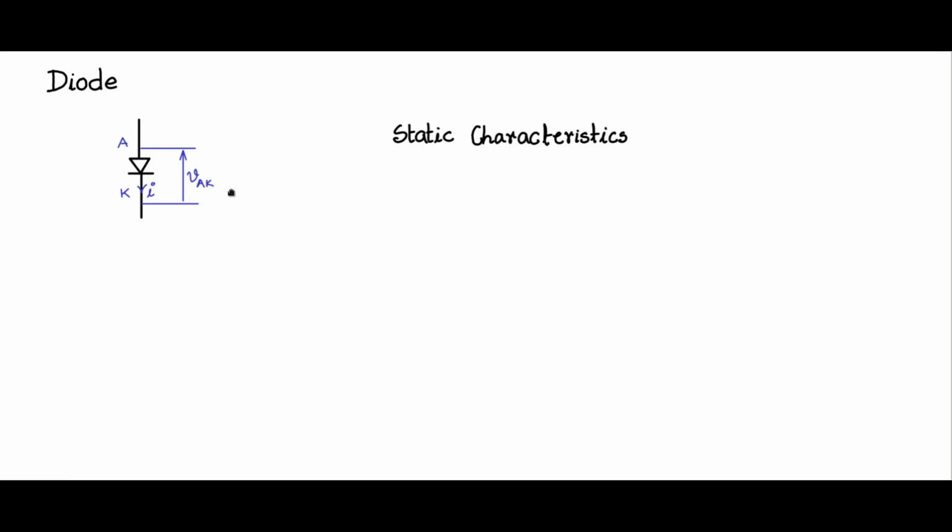So what causes the switching action? As far as the electrical part is concerned, it is the voltage that appears across the diode, VAK. When VAK is positive, which means anode is more positive than cathode, then the switch is on.